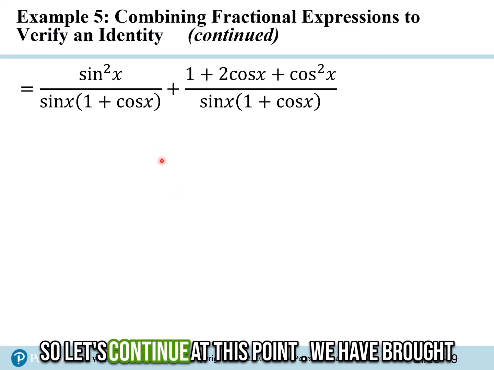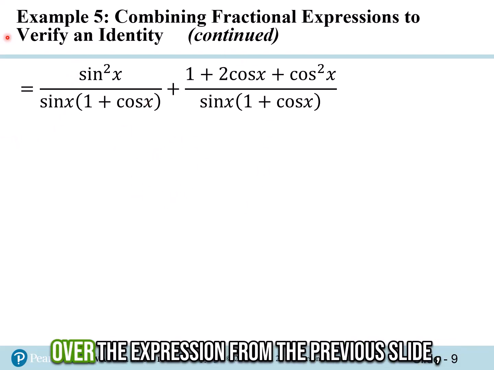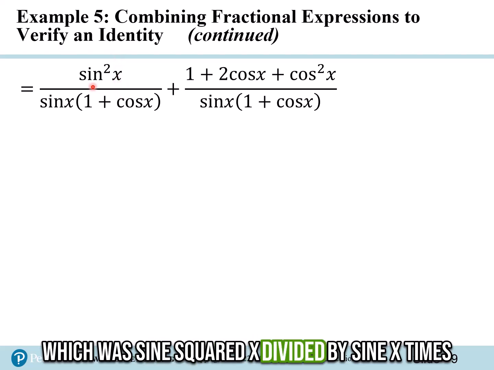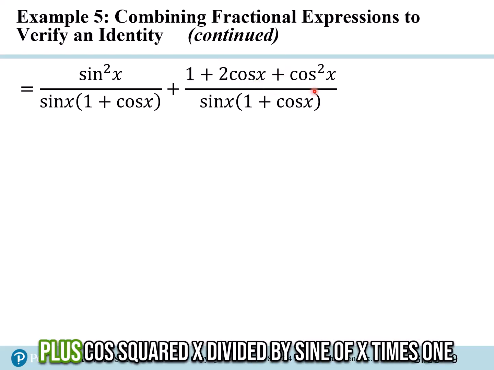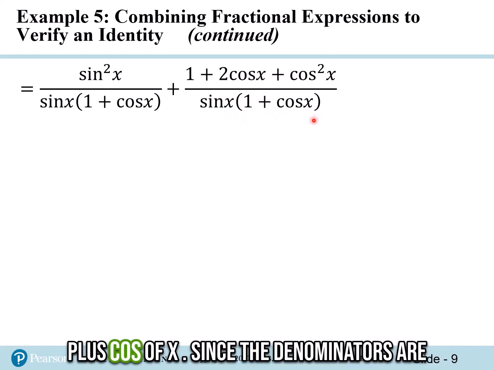So let's continue at this point. We have brought over the expression from the previous slide, which was sine squared x divided by sine x times 1 plus cos x plus 1 plus 2 times cos x plus cos squared x divided by sine of x times 1 plus cos of x.